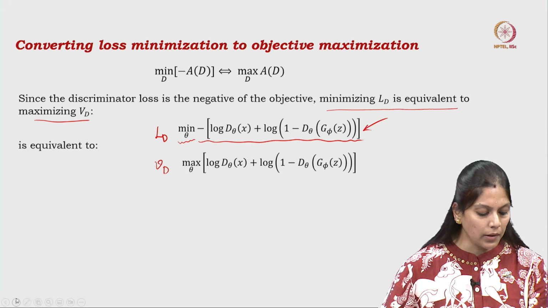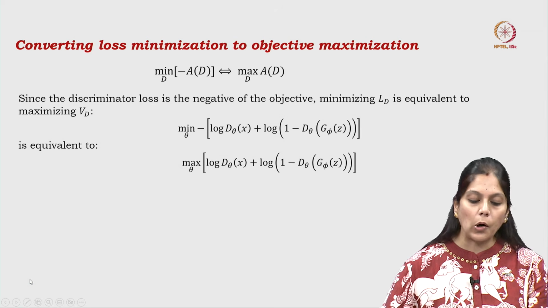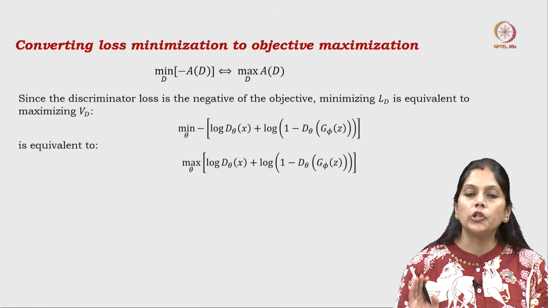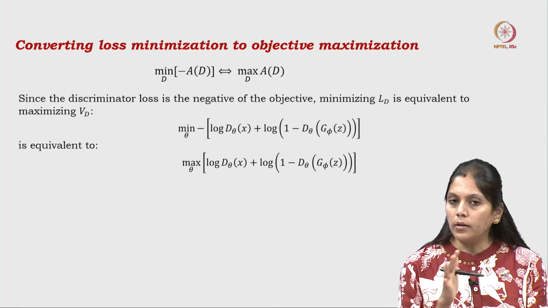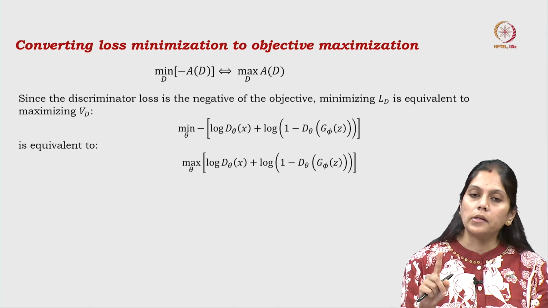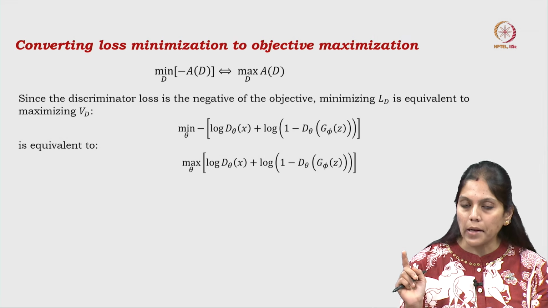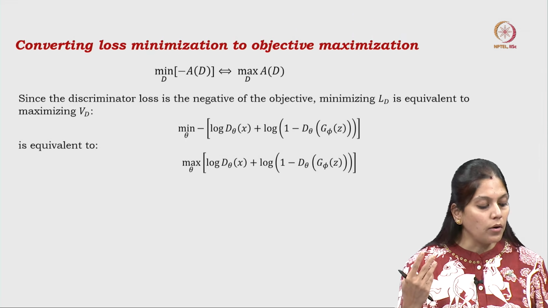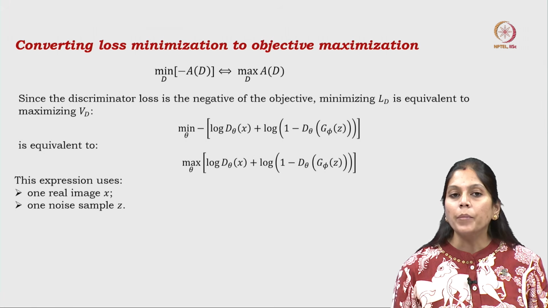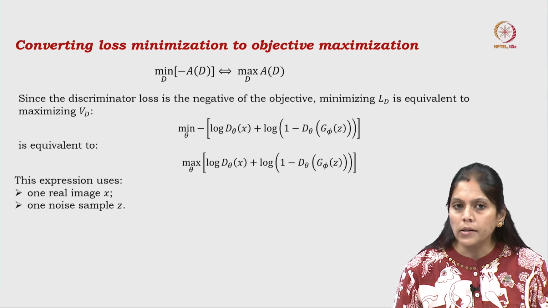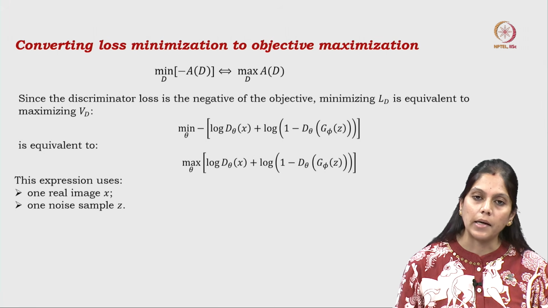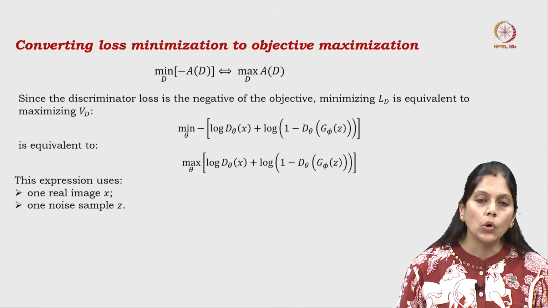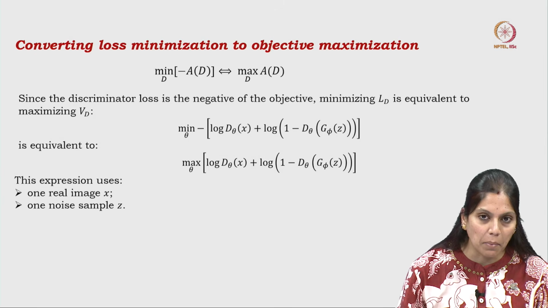Now, the next step: the loss function that we have written here is only for one real sample and one generated sample. There is one real image X and one noise sample Z. But during the training phase, it is not one single image that we will be passing to the model.